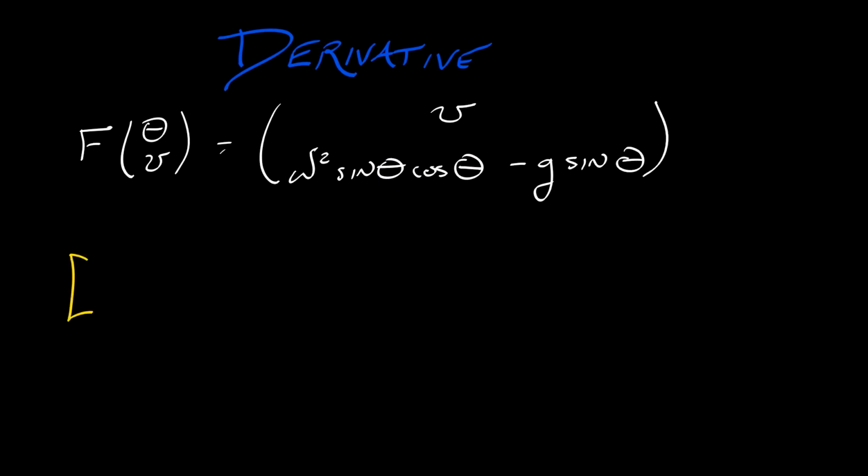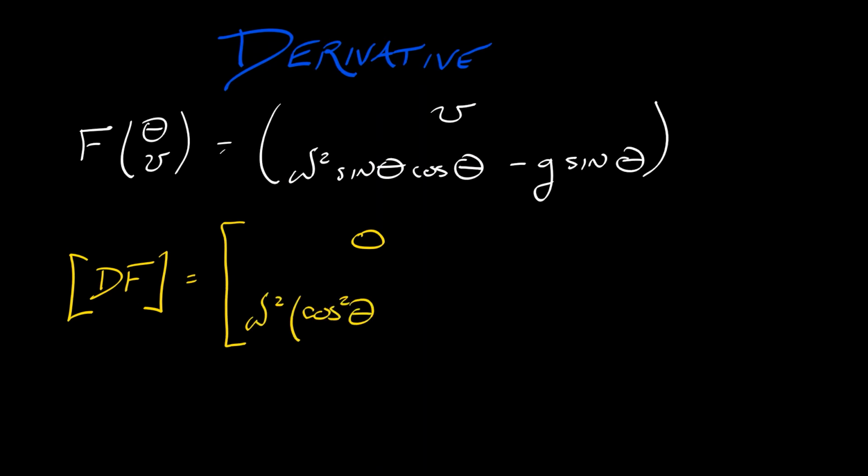The partials with respect to theta are, first of all, 0, and then, the hard one, omega squared times quantity cosine squared theta minus sine squared theta, minus g over L cosine theta. That's all the partial of the second term with respect to theta. The partials with respect to v are simply 1, 0.